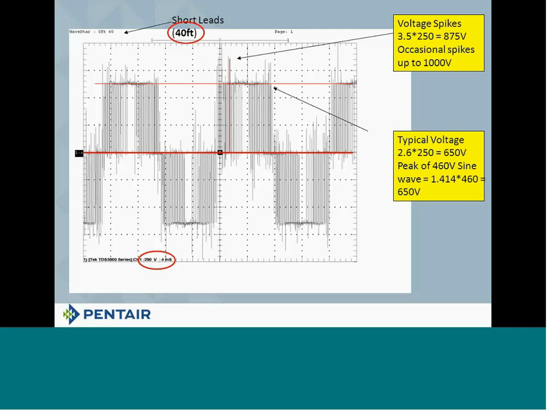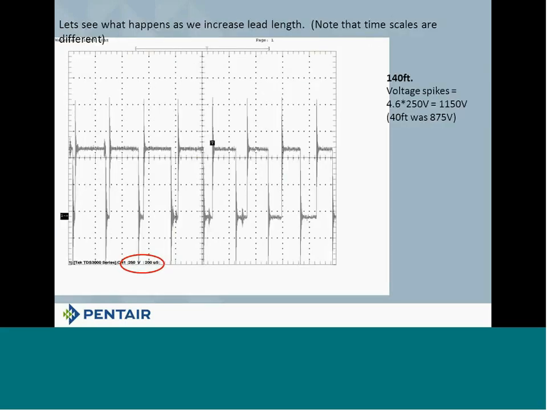All right? Now what we've done here, we've changed things a little bit. We're still going to be at 250 volts in 4 milliseconds, but we are going to go with 140 feet of cable. And you'll notice here, look at those spikes there. They are 4.6, which puts us at 1,150 volts.